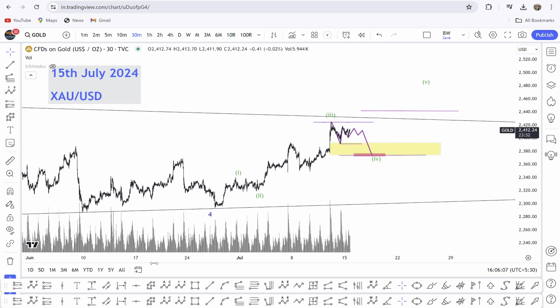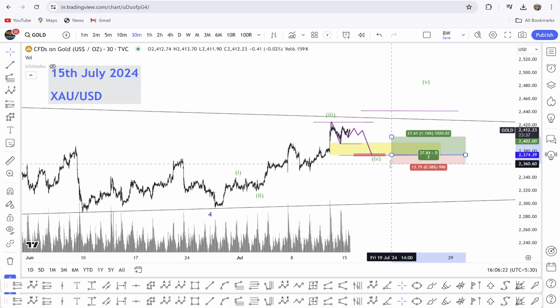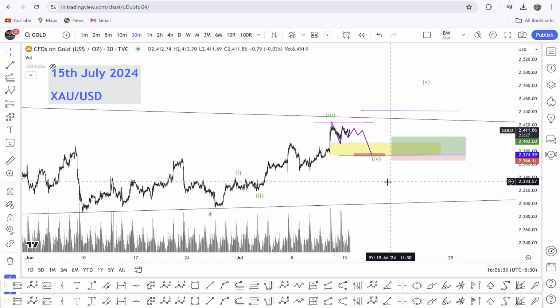If you enter here, how will you execute the trade? That is the importance: how you execute the trade. If you enter here at 2375 and your SL is like this, it is a big SL, so I'm not comfortable with it.